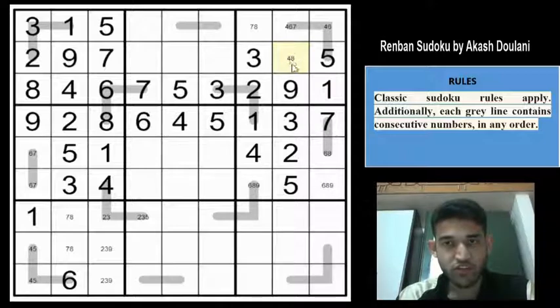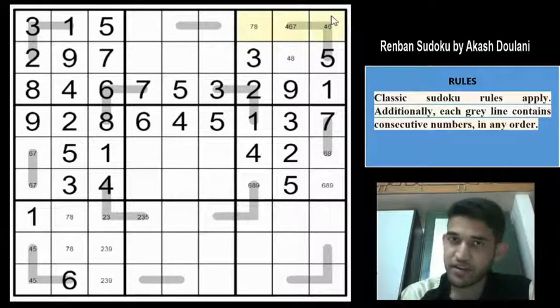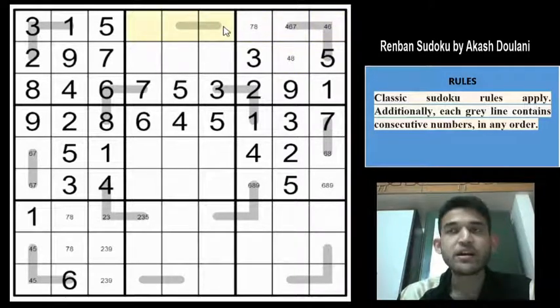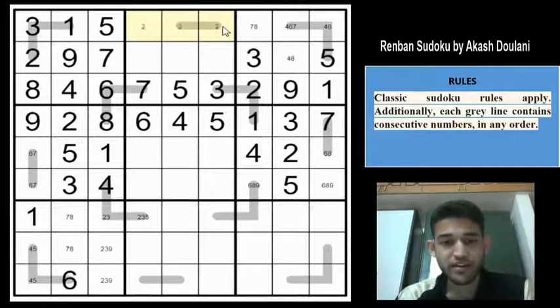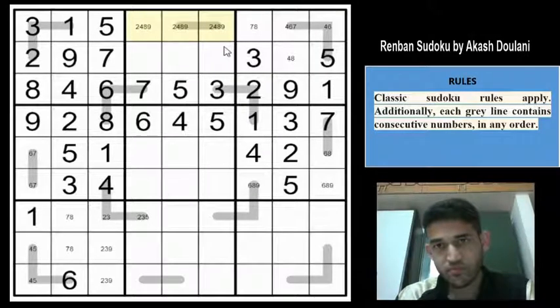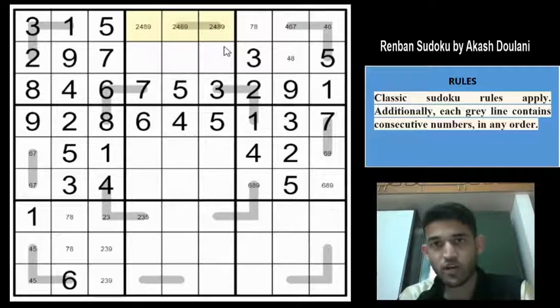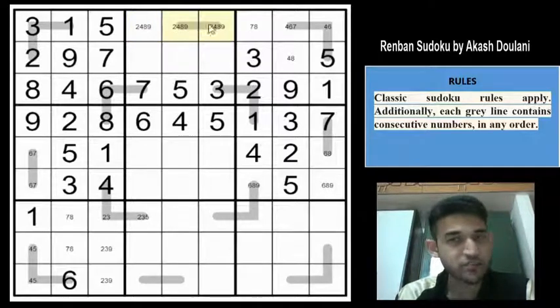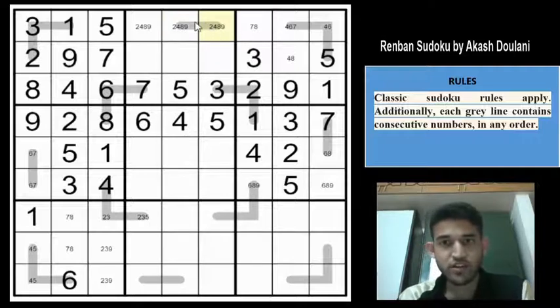So since you have 4, 8 here, you have a 6 and 7 here. So this must be 2, 4, 8 or 9, right? And the only way you can satisfy this Renban line is by using 8 and 9, right? Because 2 and 4 do not have any consecutive digit. So you can eliminate the 2, 4 from there, we get an 8, 9 pair.